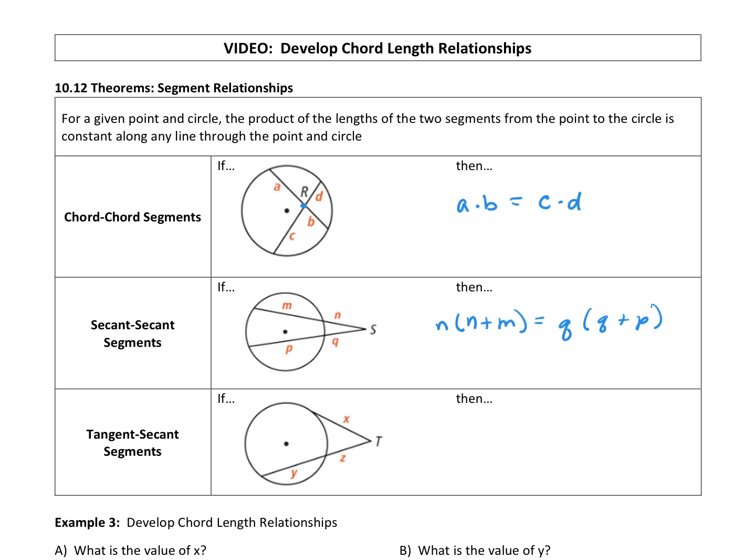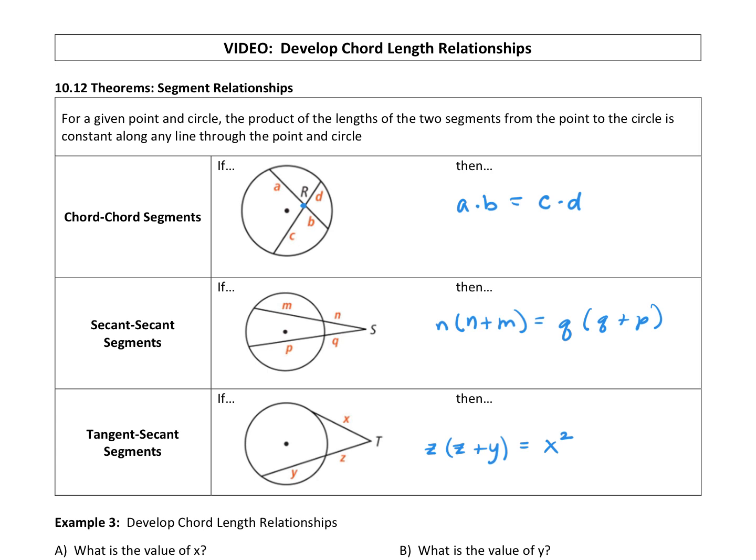So Z times the whole secant, Z plus Y. So here from point T to the circle is Z, and then the whole segment is Z plus Y. That product is equal to X times another X. And X times X is just X squared.